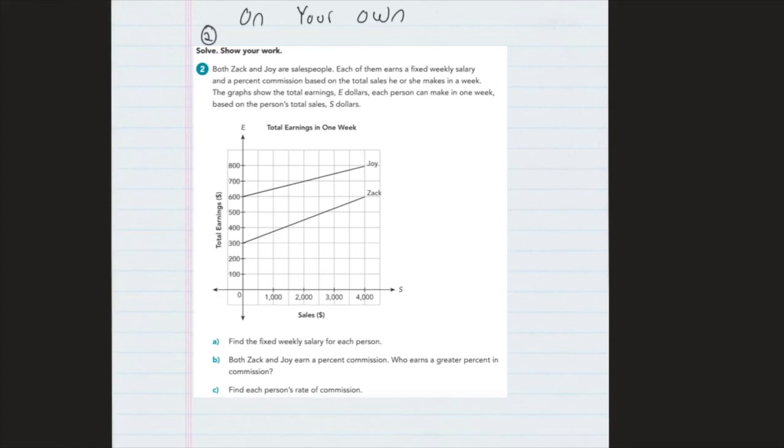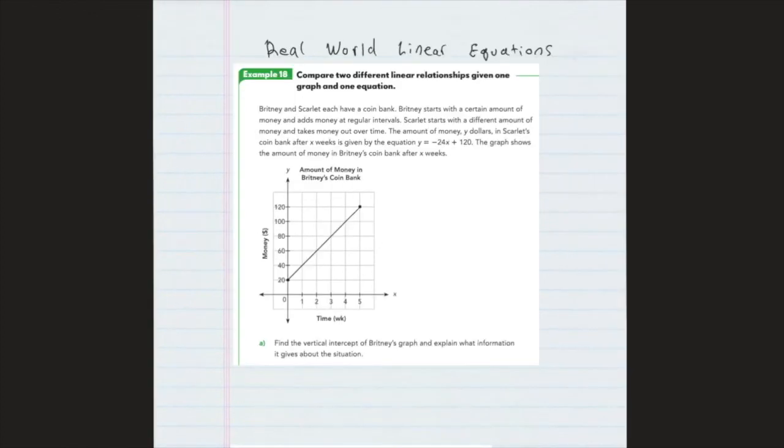to the last example. For our last example, we're comparing two different linear relationships given one graph and one equation. So we have Brittany and Scarlett, each have a coin bank. Brittany starts with a certain amount of money and adds money at regular intervals. Scarlett starts with a different amount of money and takes out money over time.